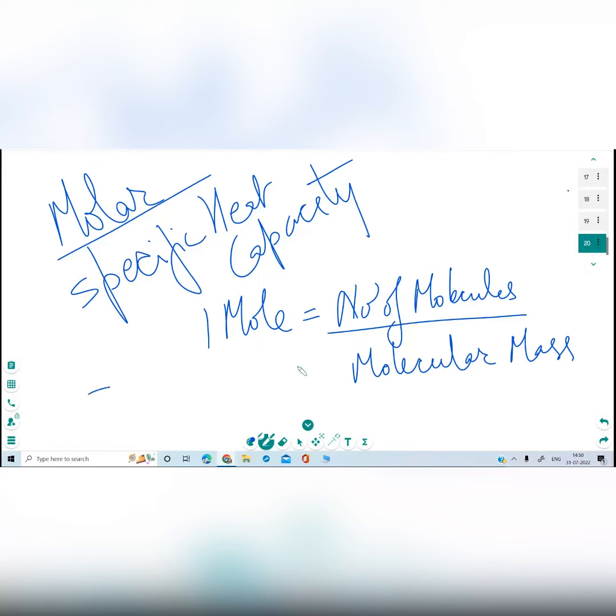So can I write now like this? We write molar specific heat as C. So C equal to 1 by mu, we represent 1 mole by mu, into del Q by del T. C is molar specific heat capacity.